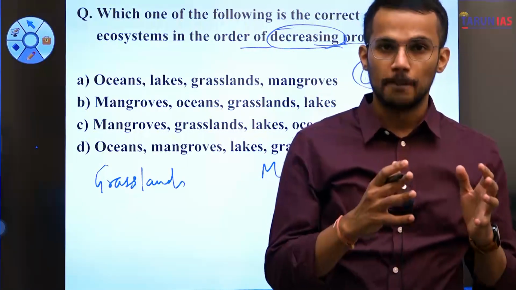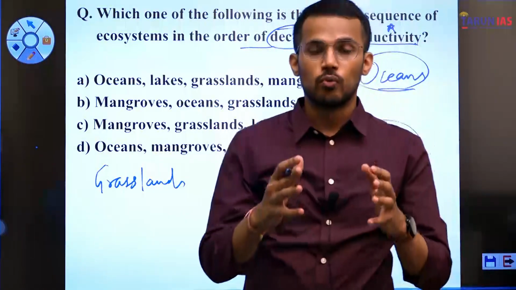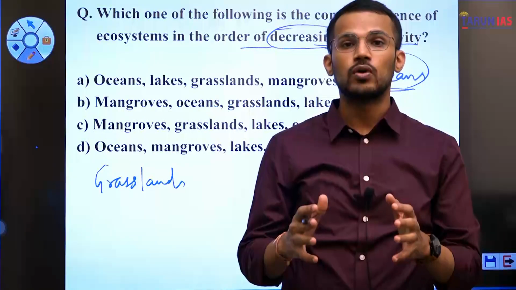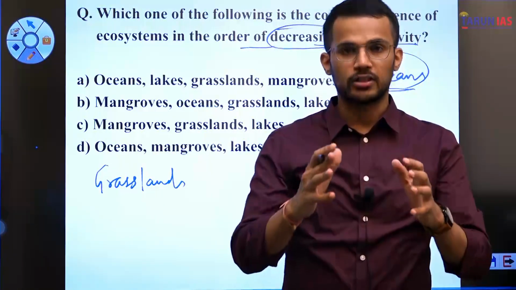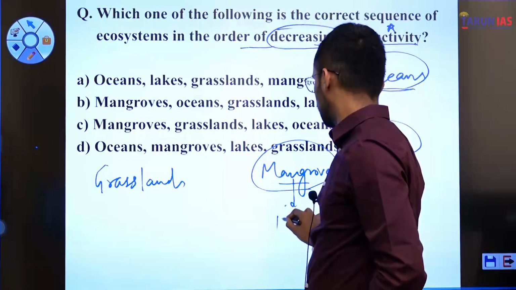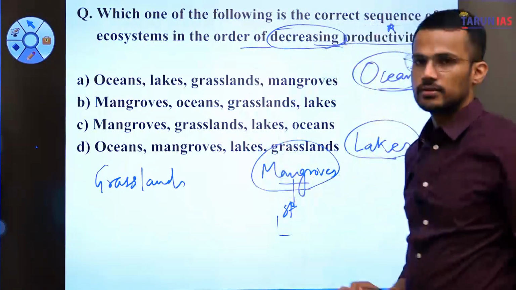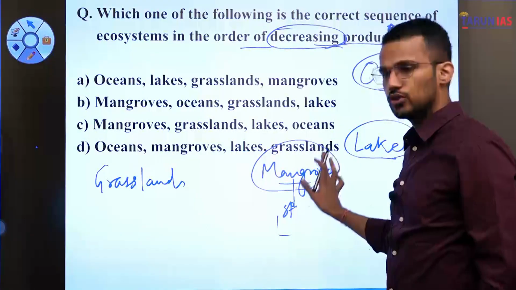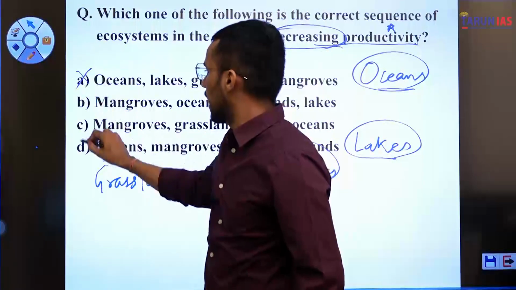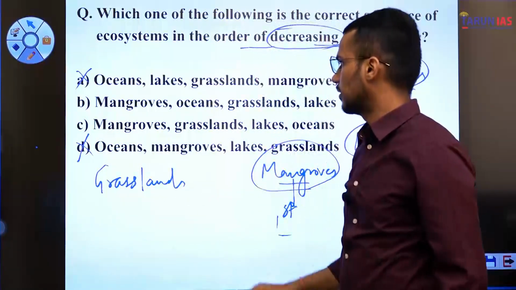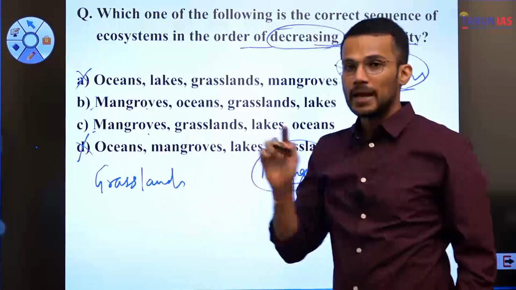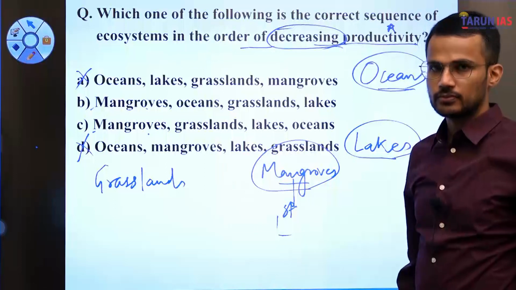So mangroves, as they have a variety of vegetation associated with them, have the highest productivity, and that's why mangroves are at the first place for our answer. So this and this should be eliminated. Options B and C have mangroves at first place.